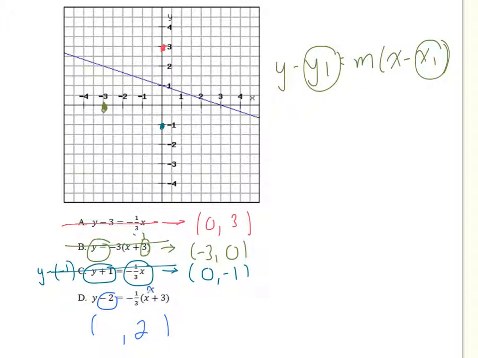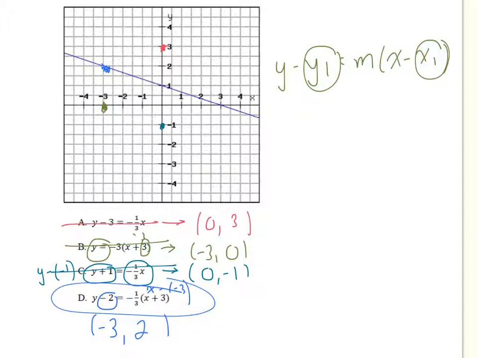How would we get x plus 3 in there? It would be x minus a negative 3, which means if this point's on the line, it would be at negative 3, positive 2. So negative 3, positive 2. So that is the equation of our line.